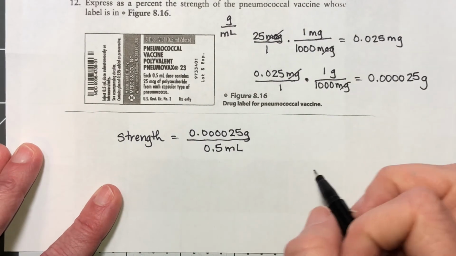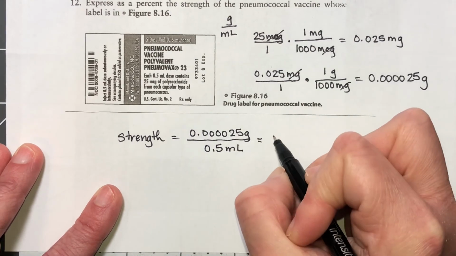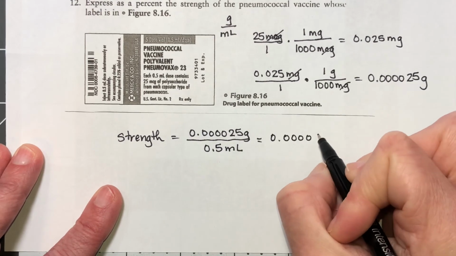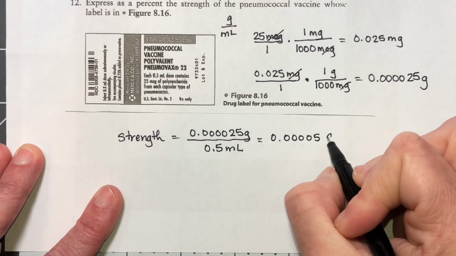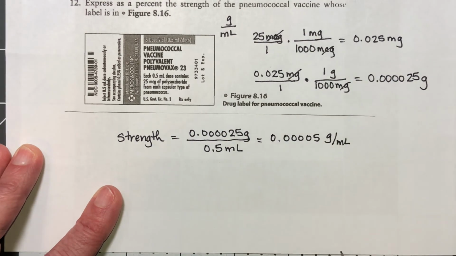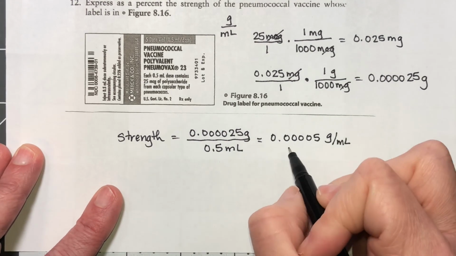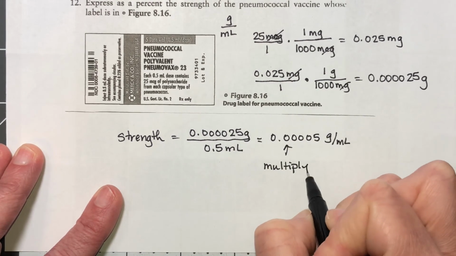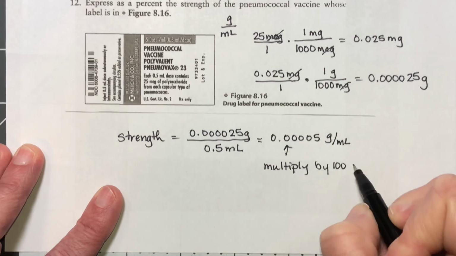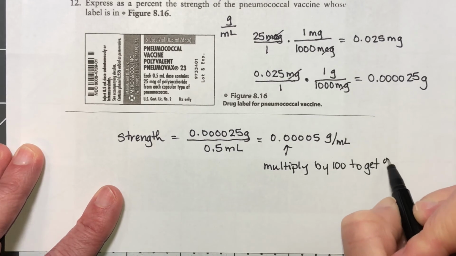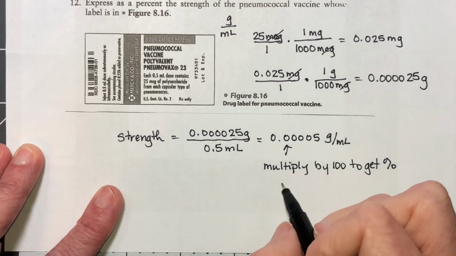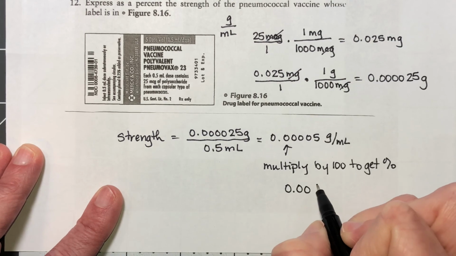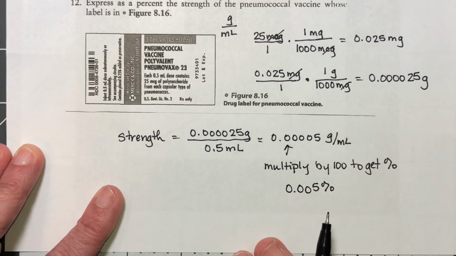When you do that division, you get 0.00005 grams per milliliter. Okay, now we need to convert this to percent. And when you do that, your decimal place moves over 2, and you end up with 0.005%. So that's the strength.